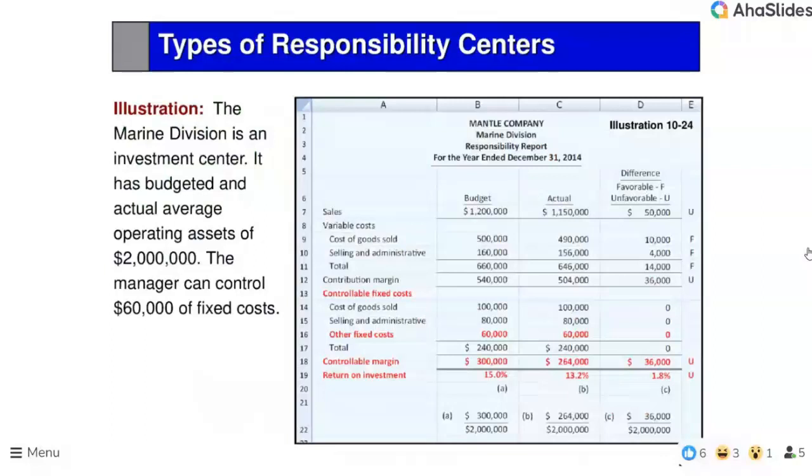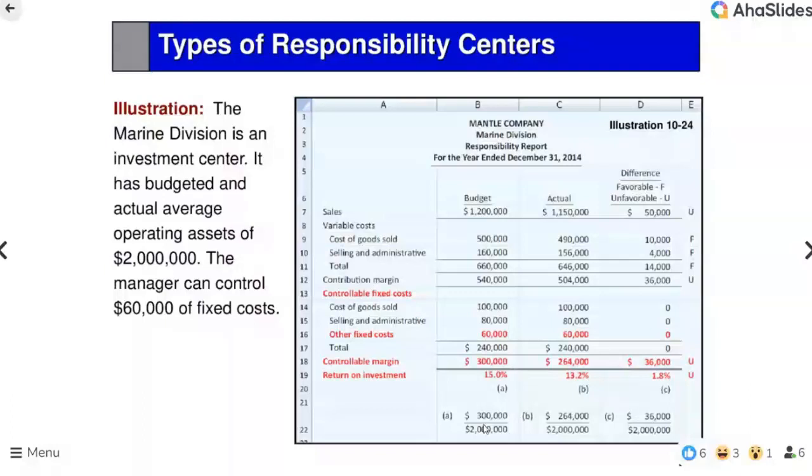What have you? So here we have an investment center, and you see we have down here controllable margin 300, and we divide that into the assets, which are 2 million. And we get an ROI of 15. Is that the budgeted? 13.2 was the actual.